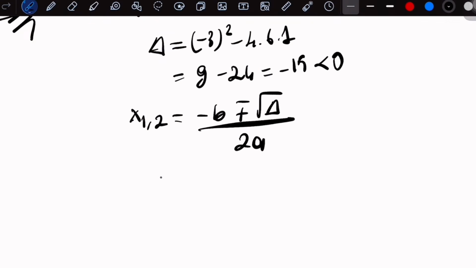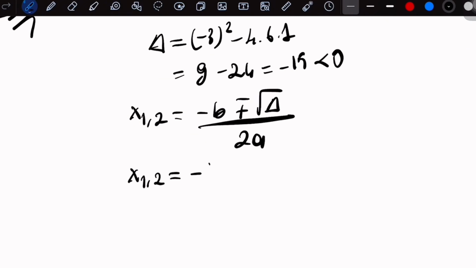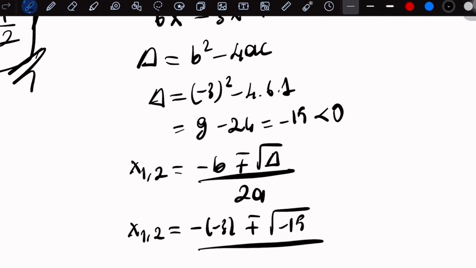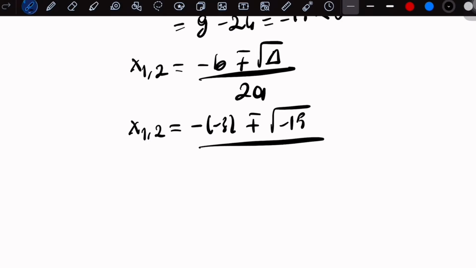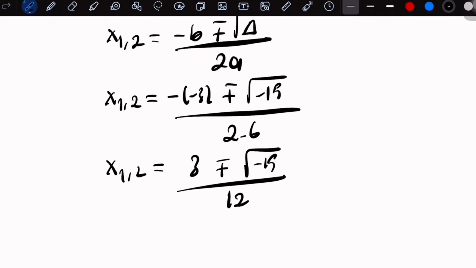Then if I apply this, the expression we call x1,2: b has escaped, this is minus (−3), so 3 plus minus root of 15, over 2 times 1. What is the number we call a here? 6. Then it was 2 times 6. What will come of the expression x1,2? 3 plus minus root of 15 over 12.